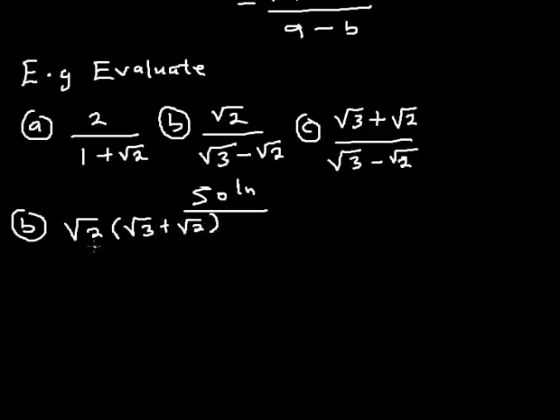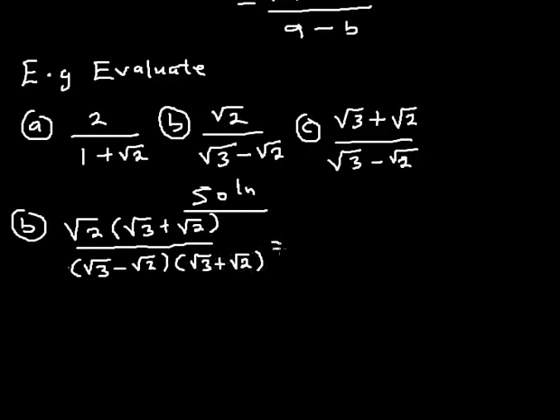I'll close my brackets. Then, of course, I still need to multiply root 3 plus root 2 by the conjugate, which of course is root 3 plus root 2.